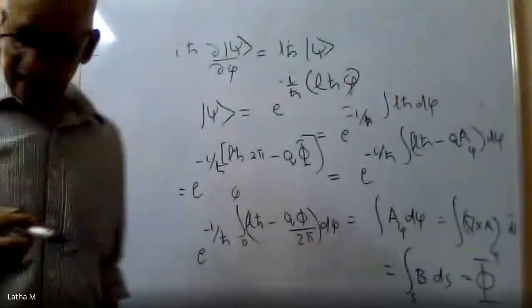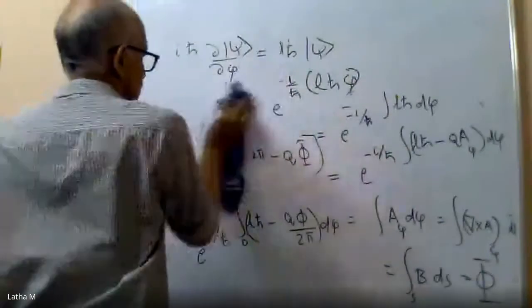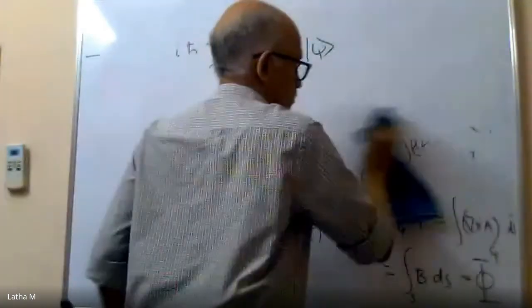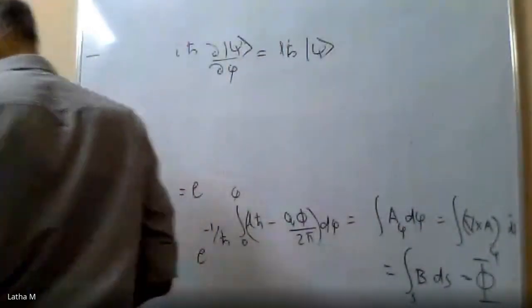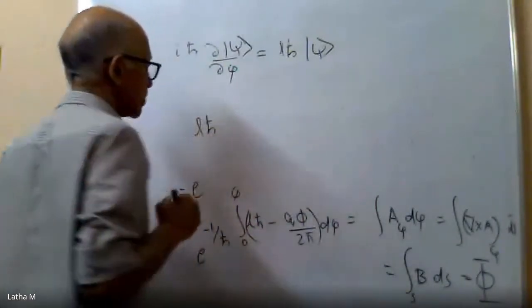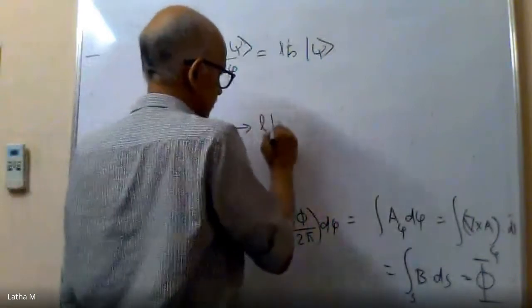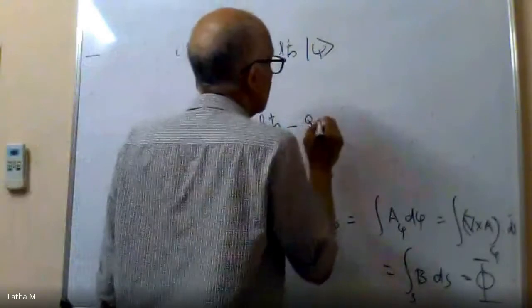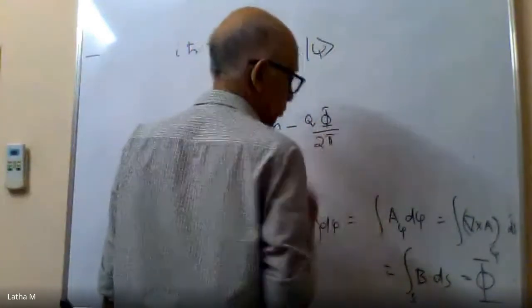That means we can say that angular momentum L h cut is changed to L h cut minus Q phi by 2 pi.